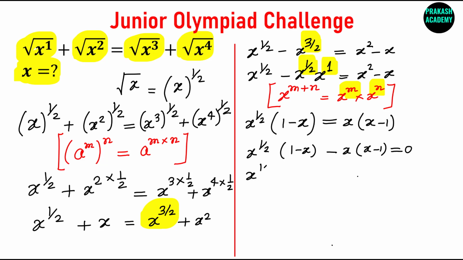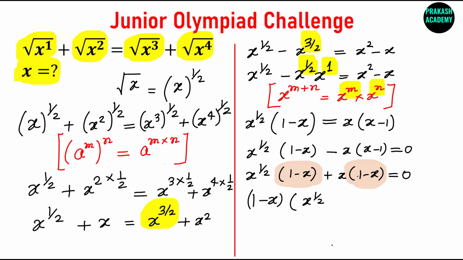So I will have x raised to the power 1 by 2 times 1 minus x, and let us observe the minus sign. So I will have plus x into 1 minus x is equal to 0. Now 1 minus x is here and this term is also here, so I can take 1 minus x common. So I will have 1 minus x, and then x raised to the power 1 by 2 plus x.